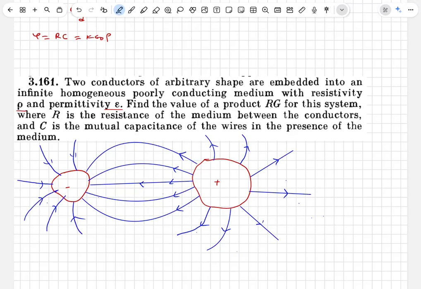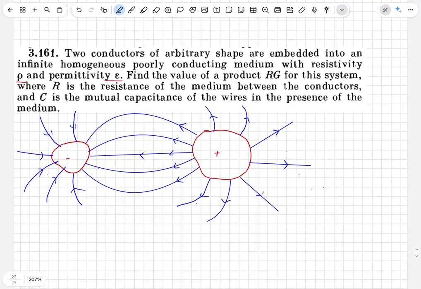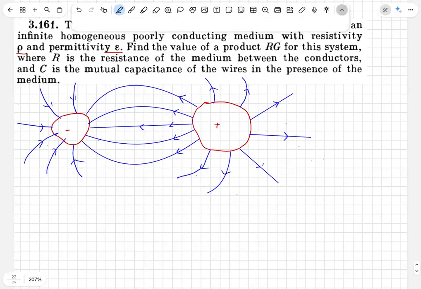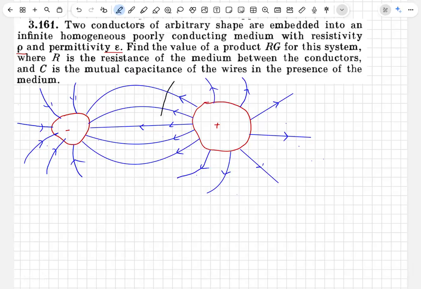Actually, this is how it is. Now you consider very close equipotential surfaces, and let dl be the very small distance between them. Very close is what I told.